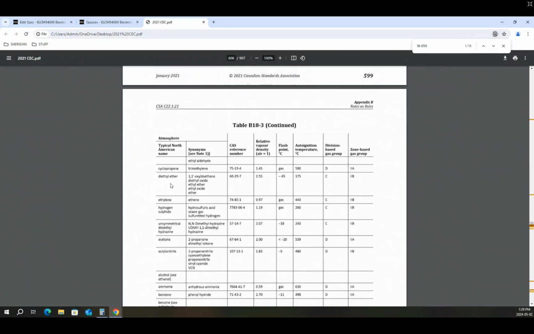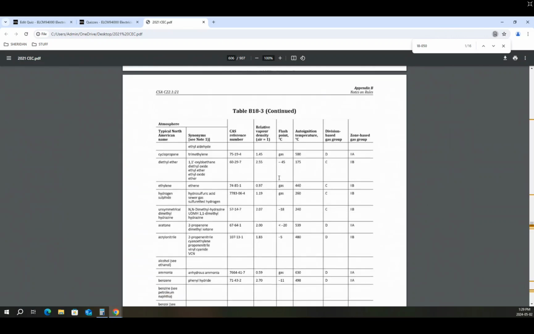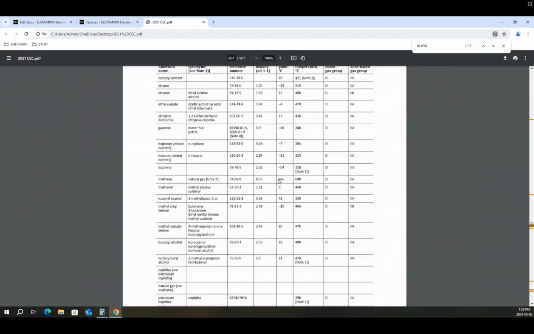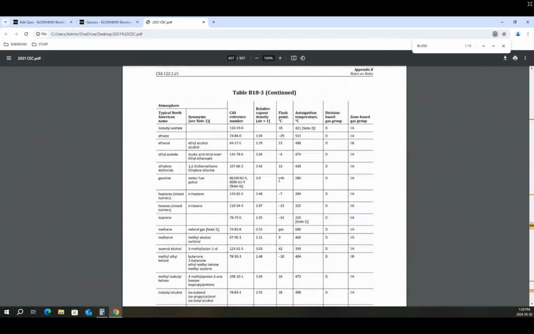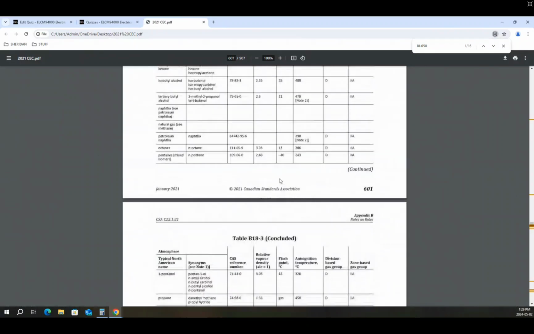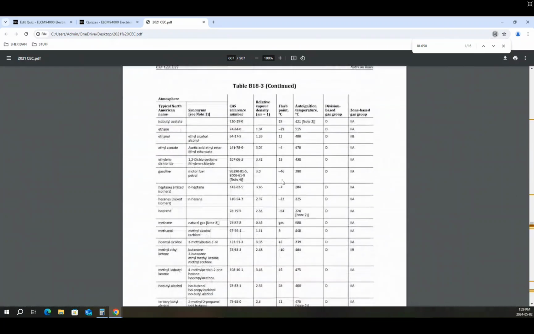Diethyl ether. Auto ignition temperature is 175. Flash point is minus 45. I think that's it there.